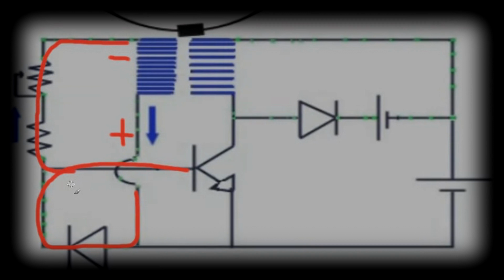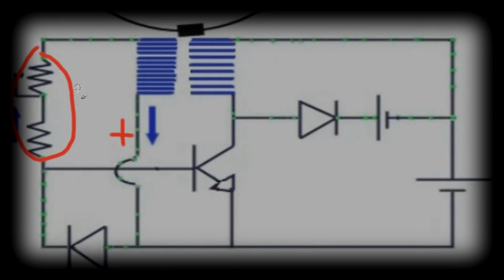So you're able to use these resistors here, they're variables, so you can lower the resistance and short out some of the magnetic field from the rotor magnet by lowering the resistance here.